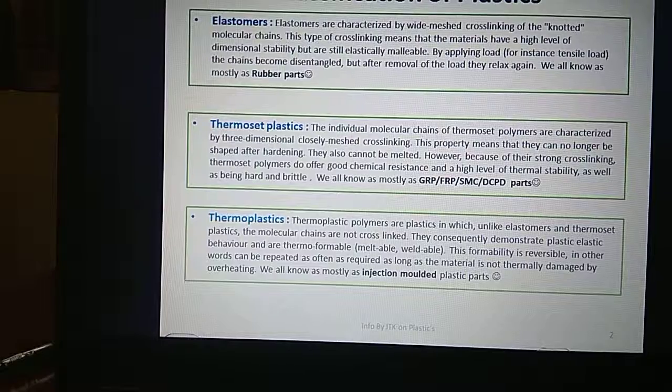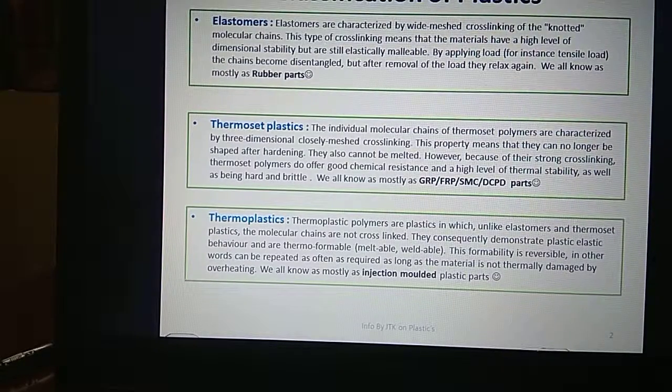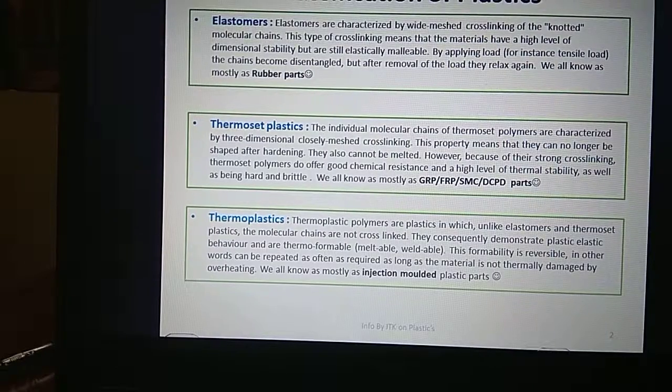One more is thermoplastic. Thermoplastic polymers are plastics in which, unlike elastomers and thermoset plastics, the molecular chains are not cross-linked. They consequently demonstrate elastic behavior and are thermoformable.